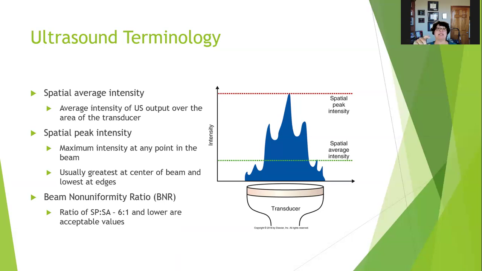The spatial peak intensity is the maximum intensity at any point in the beam. It's usually greatest at the center of the beam and lowest at the edges. The beam non-uniformity ratio, or BNR, is the ratio between the peak intensity and the average intensity over the space of the transducer head. 6 to 1, so 6 peak to 1 average and lower are acceptable values.